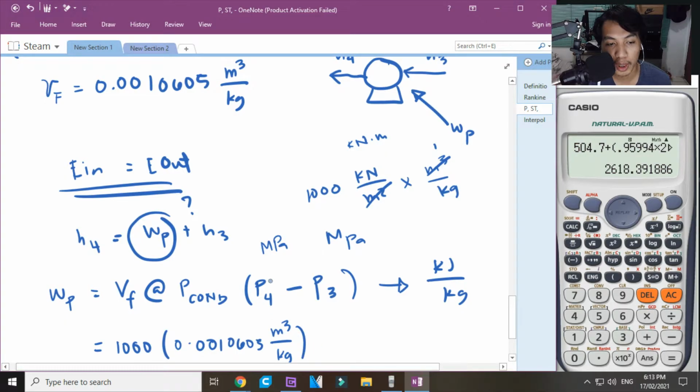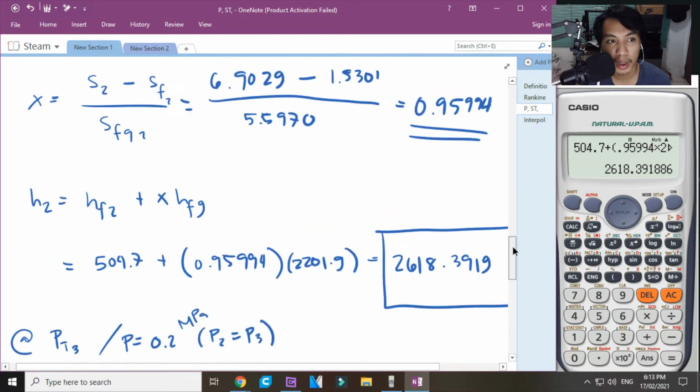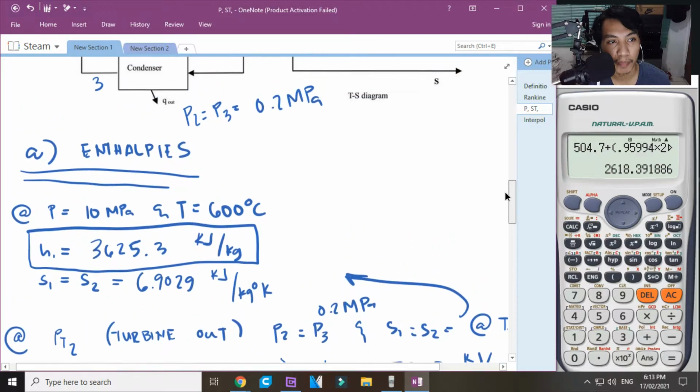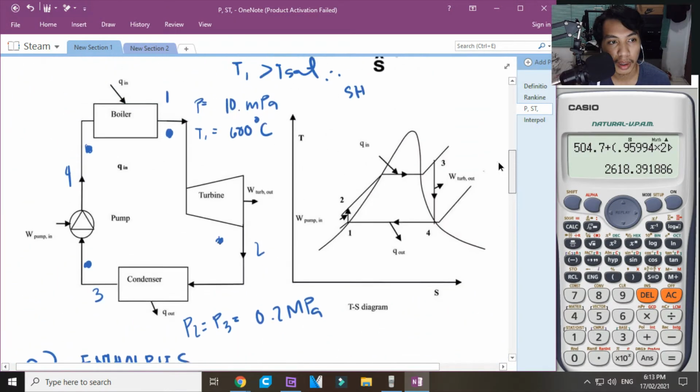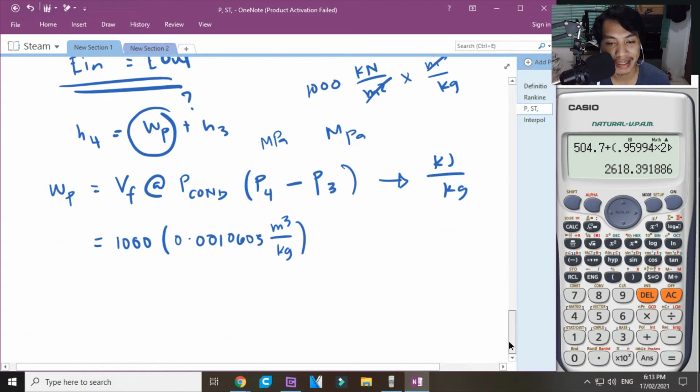Tapos, yung pressure na habulin niya, nakalagay dyan is 10 MPa. So, this is 10 minus 0.2 multiplied to 1,000 kilonewton per meter squared. So, we can solve for the work ng pump.